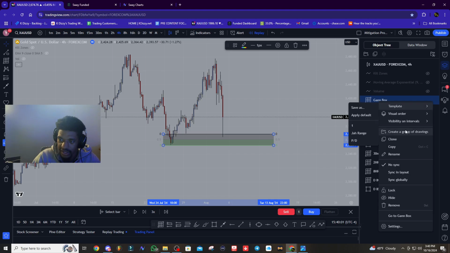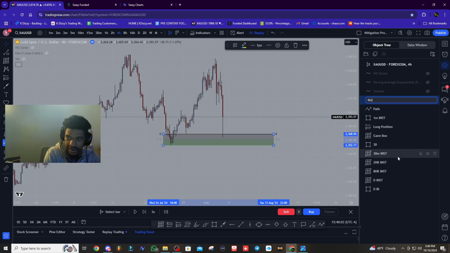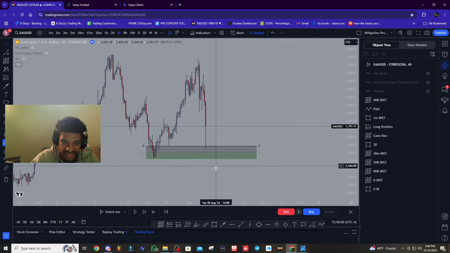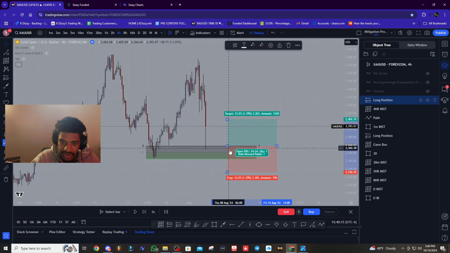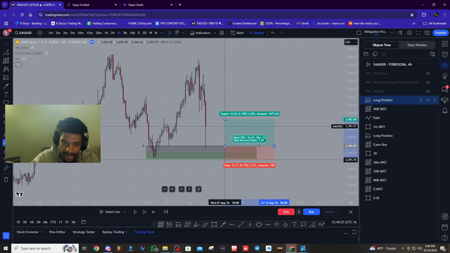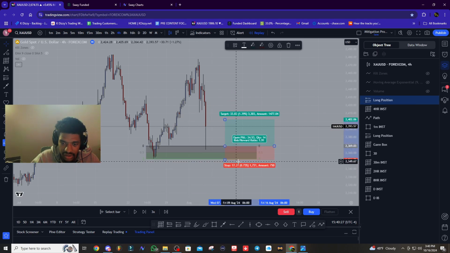Boom. You want to rename it 4 hour. I like doing caps. We see this, right? Now we get our short or our long position. Put it right here. Once it hits this, we're in. Stop loss right here.